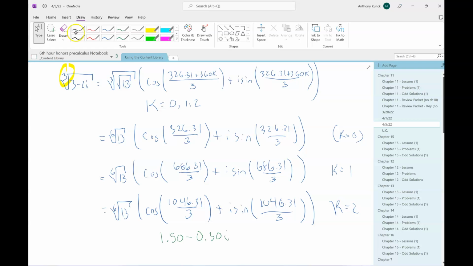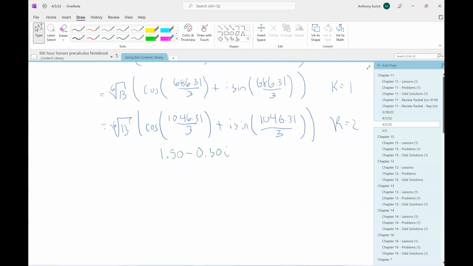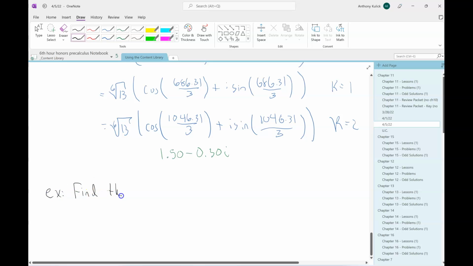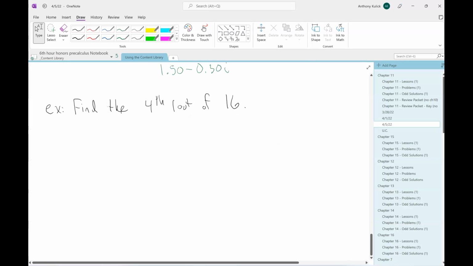All right, let's do one more, and we'll call it a day. Sound good? All right. Say we want to find the 4th root of 16. What's that?